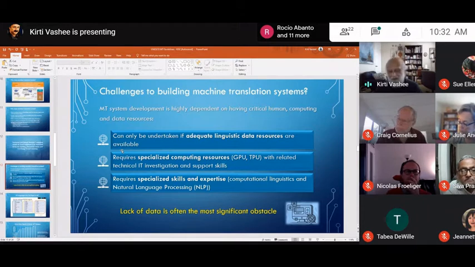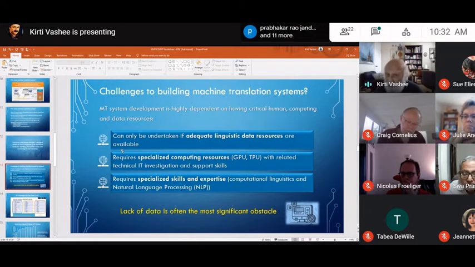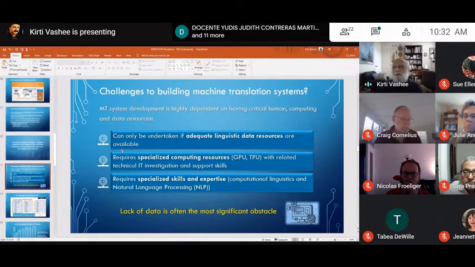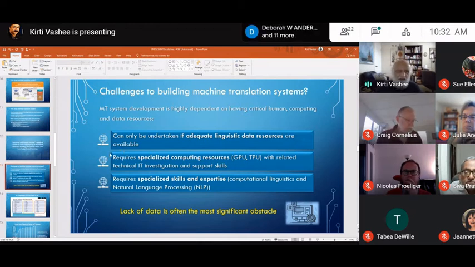If you look at people who work in artificial intelligence and machine learning, most of them have backgrounds in computational linguistics or natural language processing. That expertise is difficult to build in a country that is starved of other resources anyway. You can acquire consulting assistance to do that part, but getting the data is the most significant challenge.